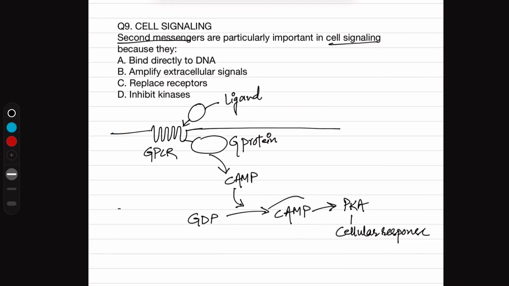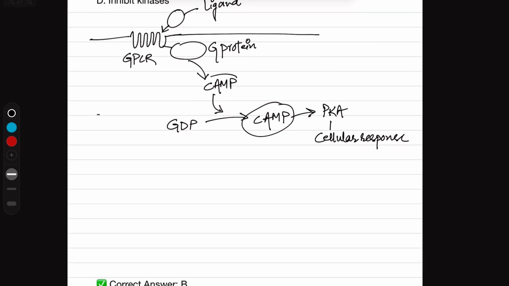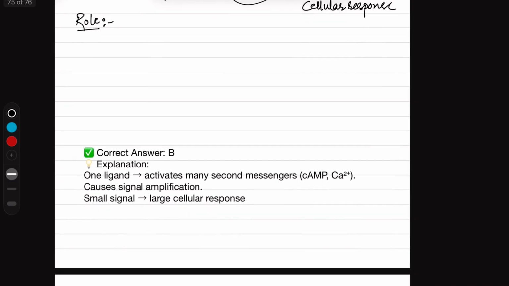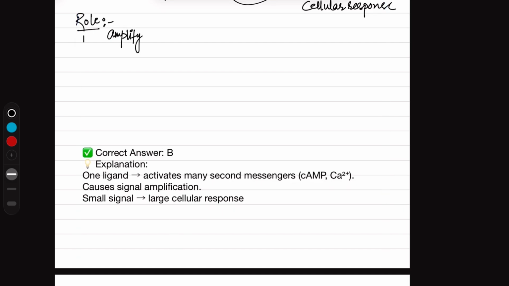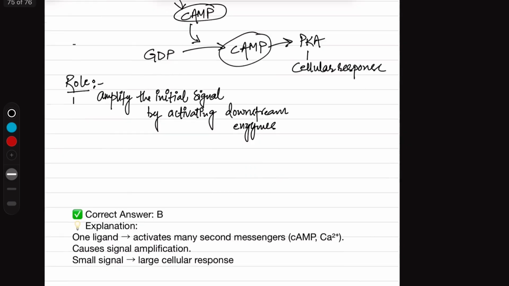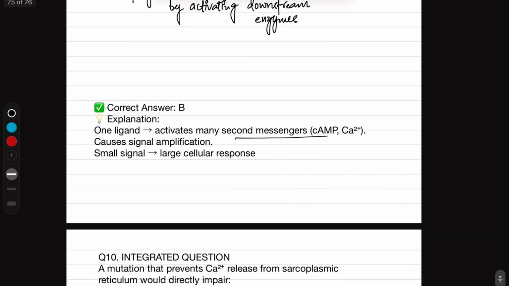So here if we see the role of secondary messenger, it is to amplify the initial signal by activating downstream enzymes, right? So one ligand activates many secondary messengers and it causes signal amplification. So our option B will be correct here, to amplify extracellular signals.